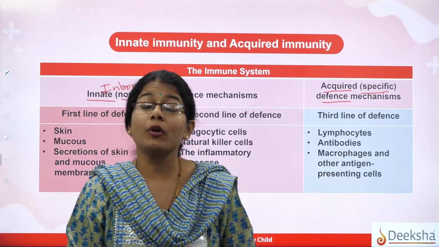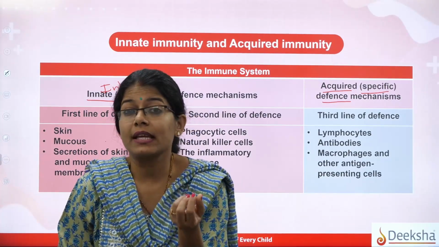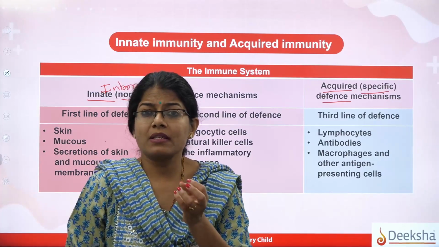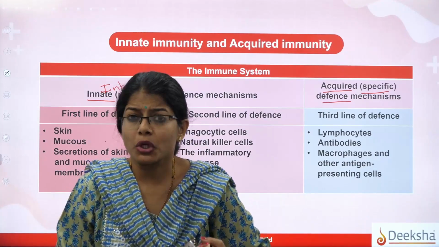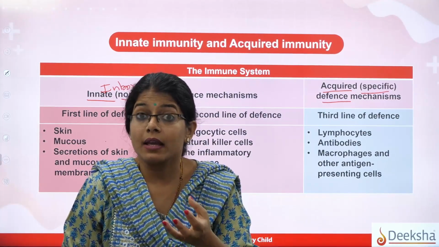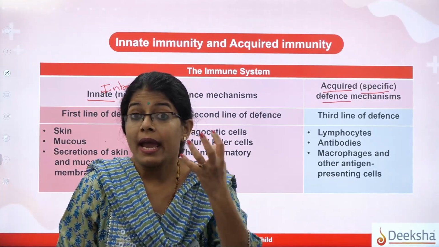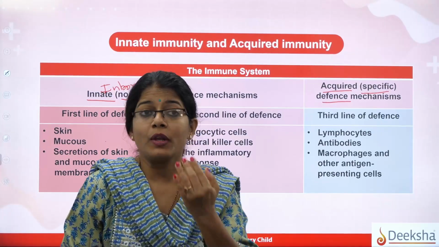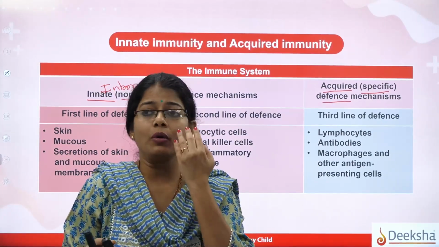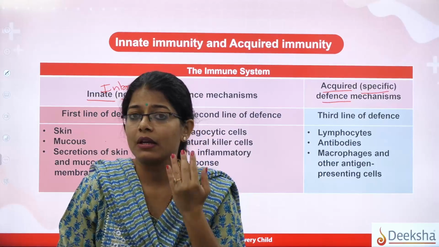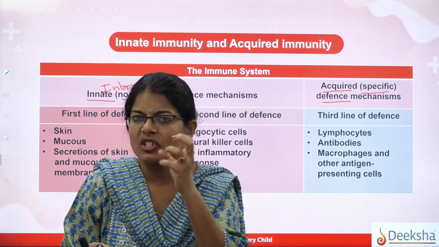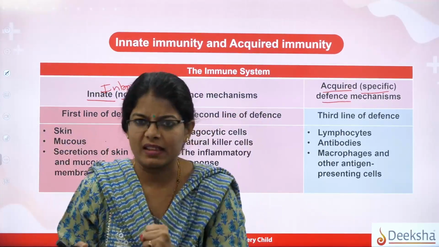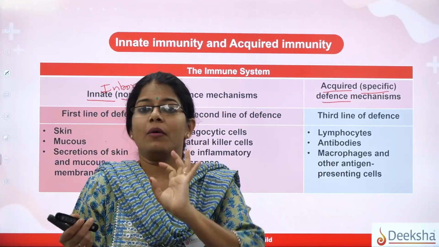And there is something called the mucous membrane. Mucus, a sticky substance, is present in the nose. Don't you think even that is playing a very important role in trapping the germs? When you inhale the air, germs are there in the surrounding. So the mucous membrane, that sticky mucus, traps the germs and doesn't let them go inside.